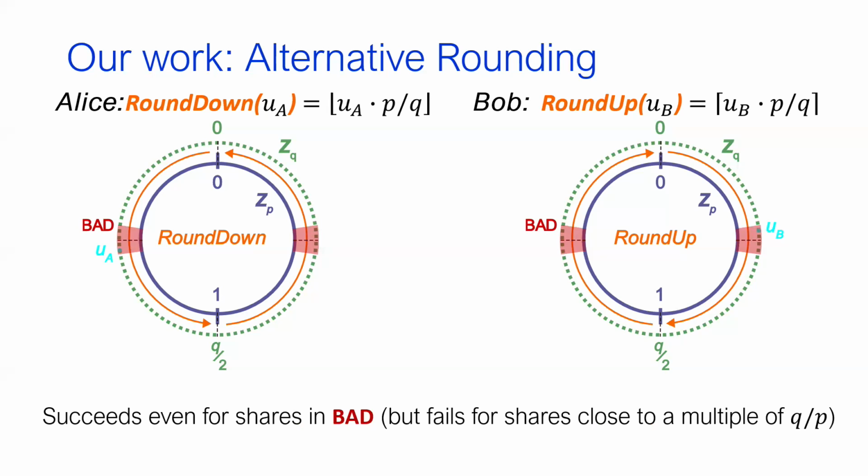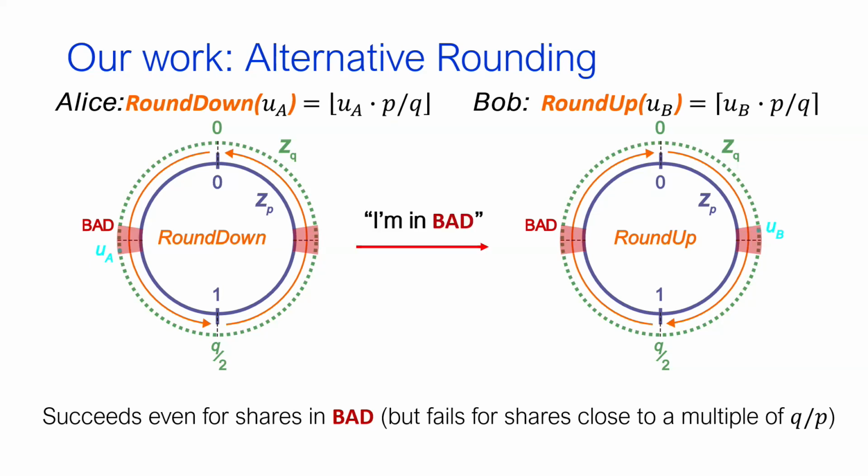But of course, this method cannot be perfect. Instead of failing in the red area, it's going to fail in some other area. But observe that now we have two methods, one which works everywhere except the red area, and one which works in the red area. So let's try and combine them.